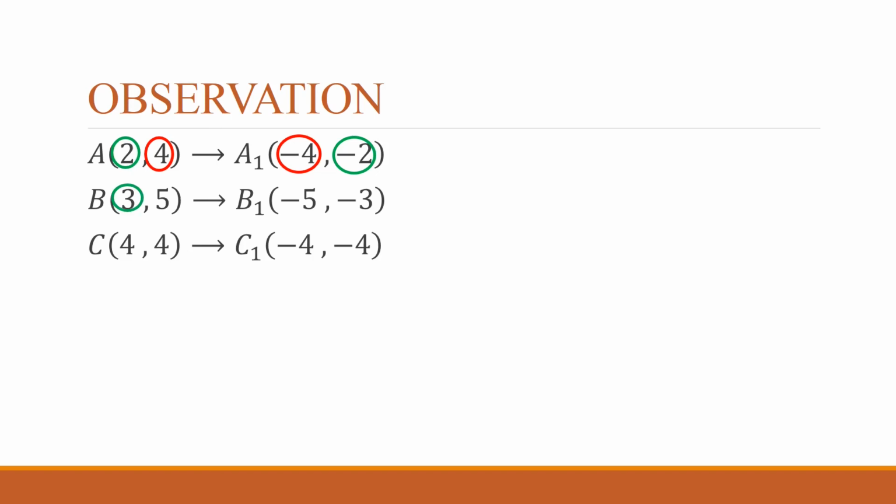So for the second object point, the x-coordinate was a positive value, and after reflecting, it became the y-coordinate of the image, this time a negative value. And the y-coordinate of the object point was a positive value, and after reflecting, it became a negative value, which is also the x-coordinate in the image.